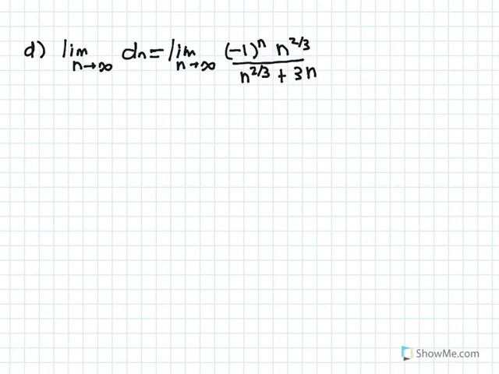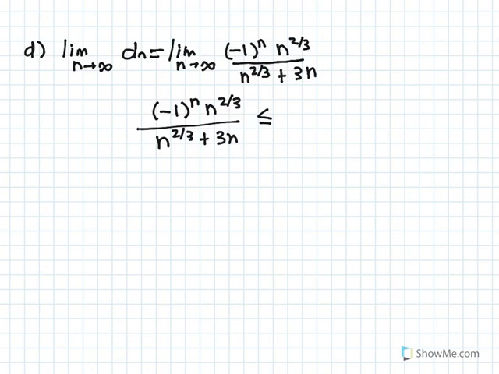The reason is because we have -1 to the n, which is essentially plus or minus 1, depending on whether n is an even integer or an odd integer. So we can basically sandwich the sequence for which we are trying to find its converging limit. -1 to the n times n to the 2/3 divided by n to the 2/3 plus 3n is less than or equal to -1 to the n.